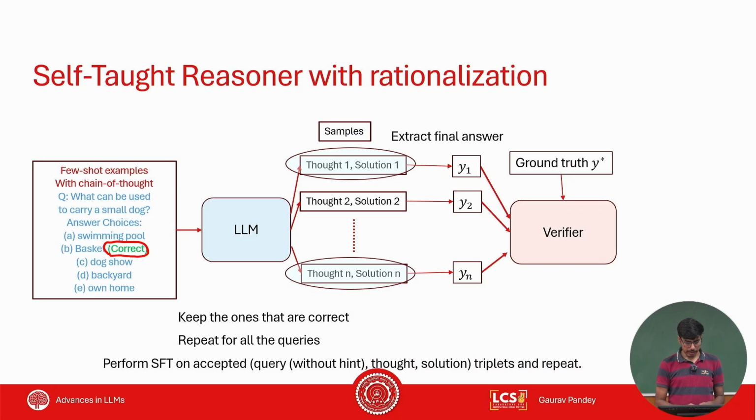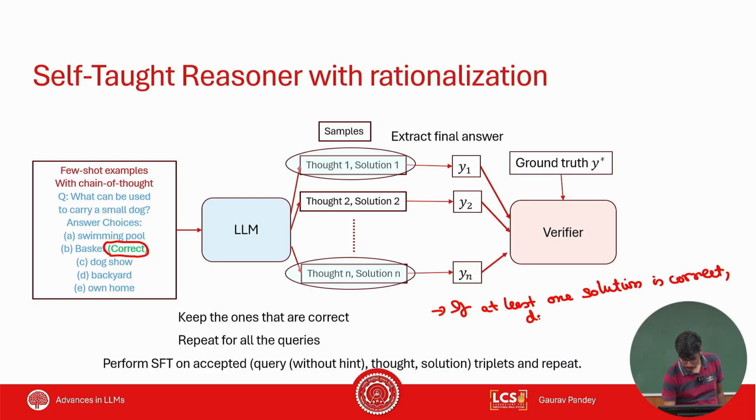Also, one more thing is that if at least one of the generated thought-solution pairs is correct, you don't apply a hint. If one solution is correct, don't use the hint.